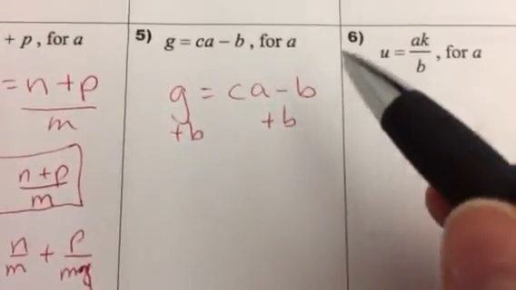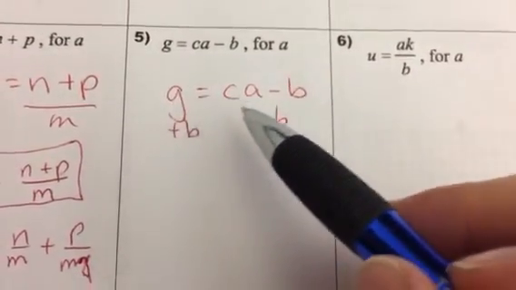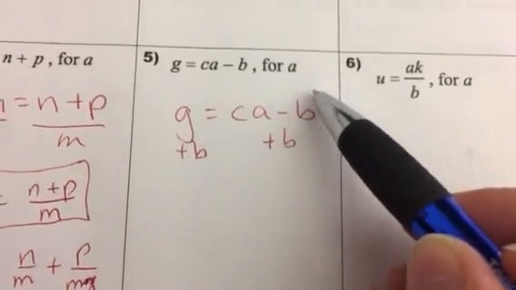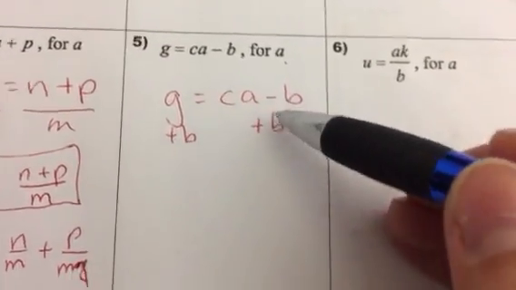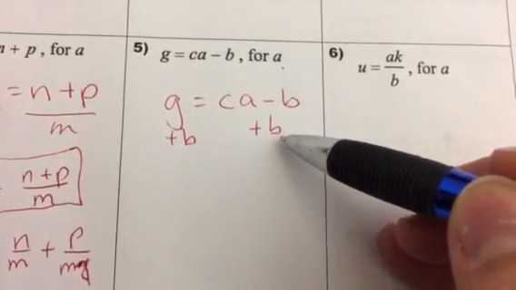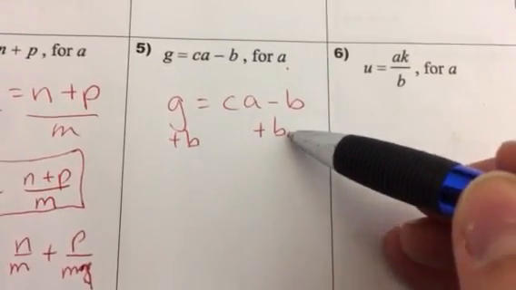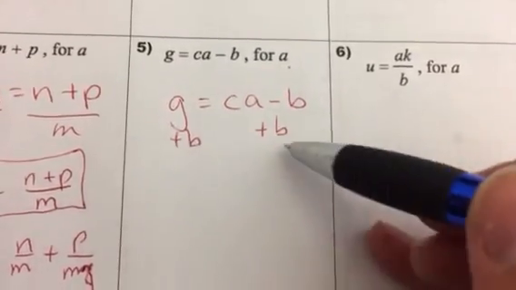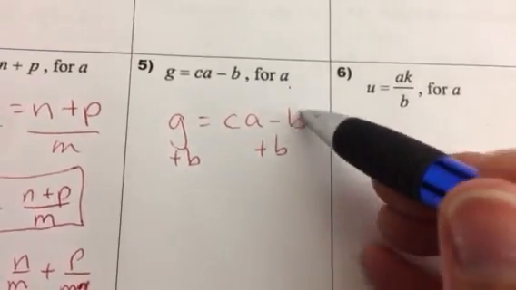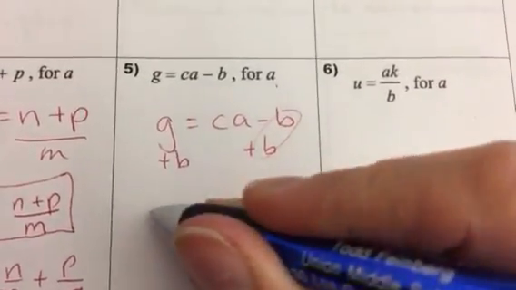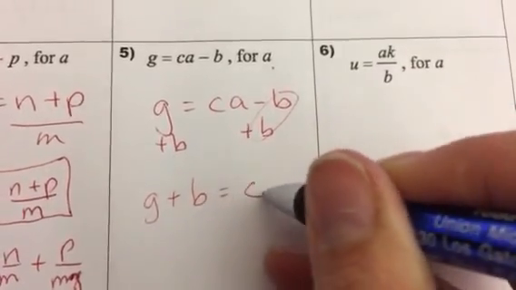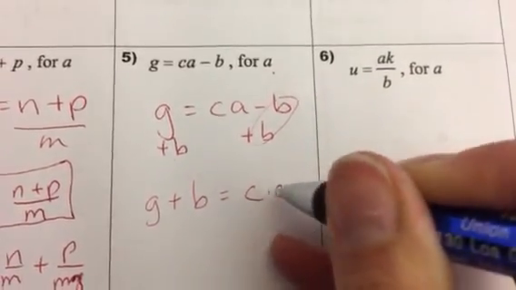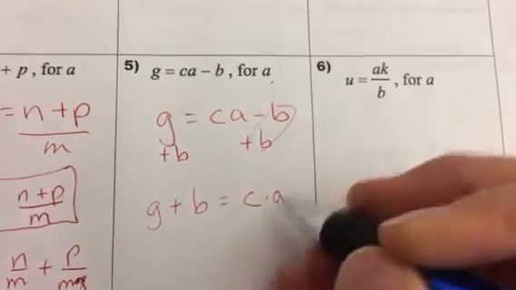Okay, the next one I have g equals ca minus b, and I want to solve for a, which is this guy here. So I need to isolate that. So I'm going to first undo any addition or subtraction by adding b to both sides. This cancels, and then I get g plus b is equal to c times a, which is when you write letters next to each other, that just means times.